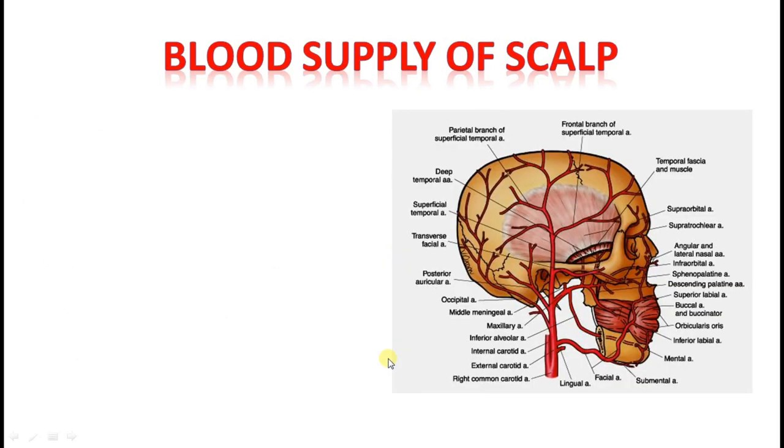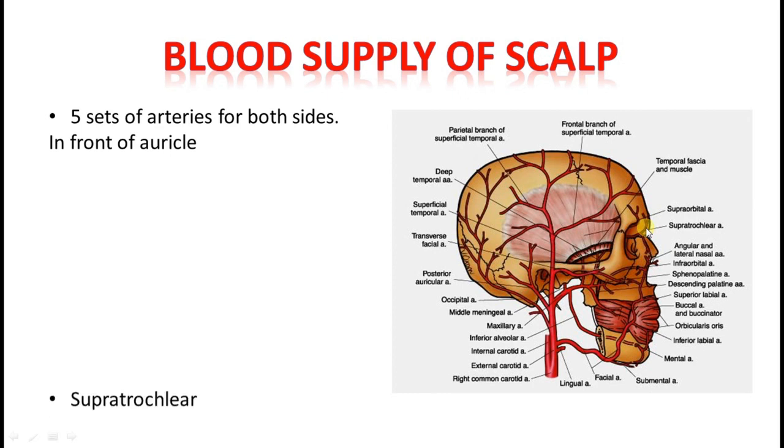So now we will come to the blood vessels of the scalp, mainly the arterial supply. Each half of the scalp is mainly supplied by 5 arteries. So totally 10 arteries supply the scalp, or you can say 5 sets of arteries supply the scalp. They can be divided in front of the auricle and behind the auricle. In front of the auricle you have the supraorbital and supratrochlear arteries.